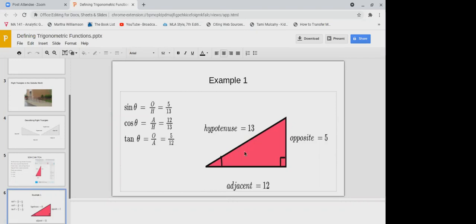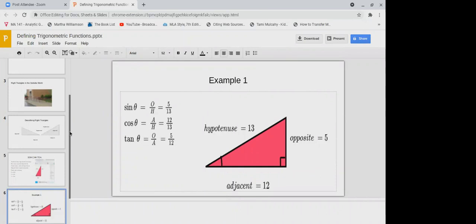Remember, the opposite side is the one that's across from you, and the adjacent side is the one that is next to you. So sine, opposite over hypotenuse, means 5 over 13. Cosine, adjacent, the 12 over the hypotenuse, 13. And the tangent, opposite over adjacent, 5/12.